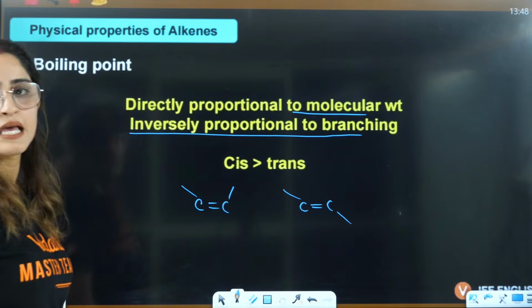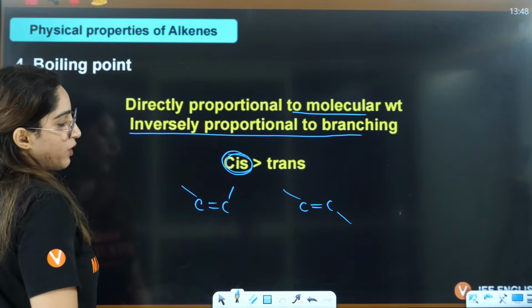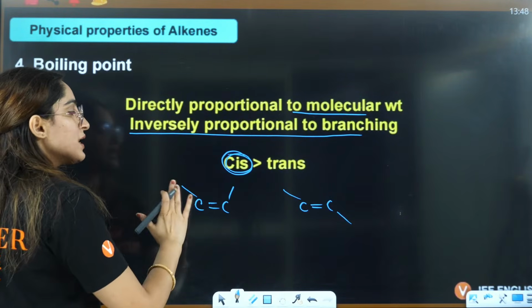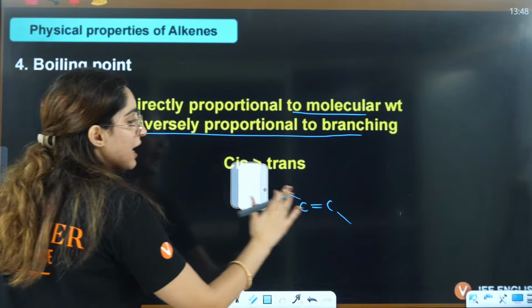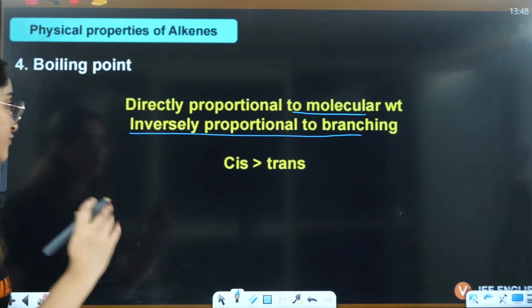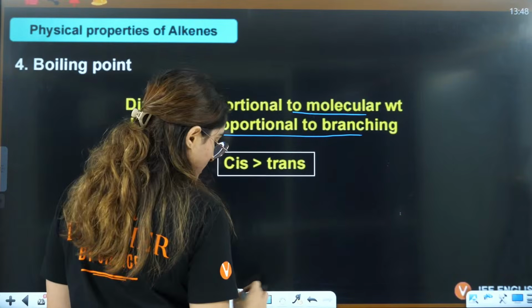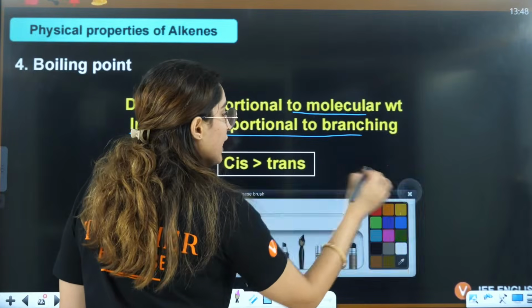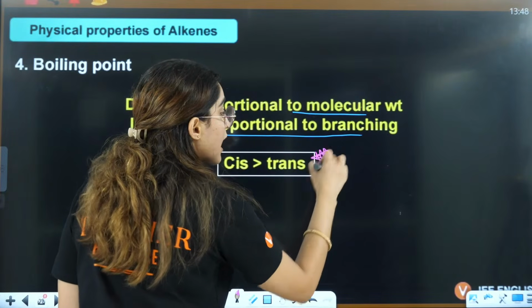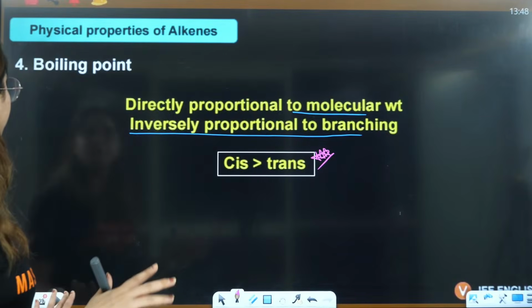In this case, cis will have more boiling point as compared to trans. That is important because the melting point order is exactly the opposite. It has been observed that cis has more boiling point but less melting point, right?